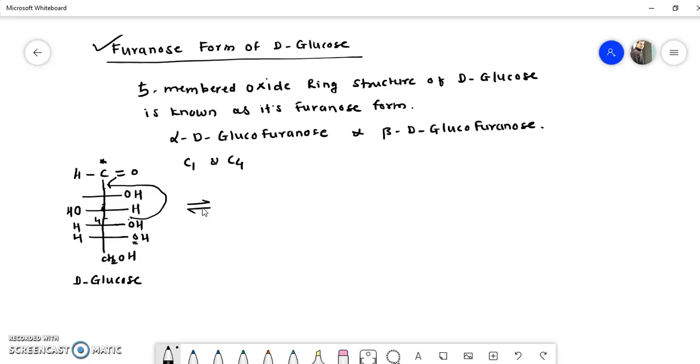This is the anomeric carbon, the resulting carbon having four different groups. If the OH group is on the right hand side, then it is called the alpha anomer. First I will write the structure of this alpha anomer, and then the beta anomer. CH2OH, and this OH is as it is, the second last.